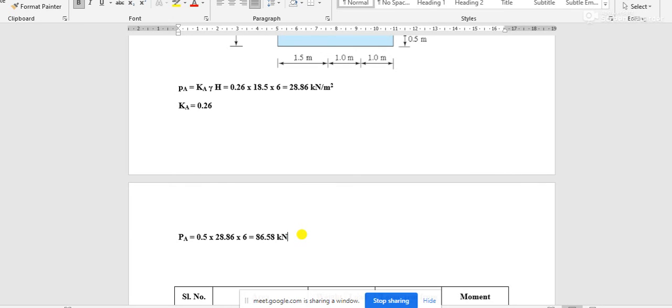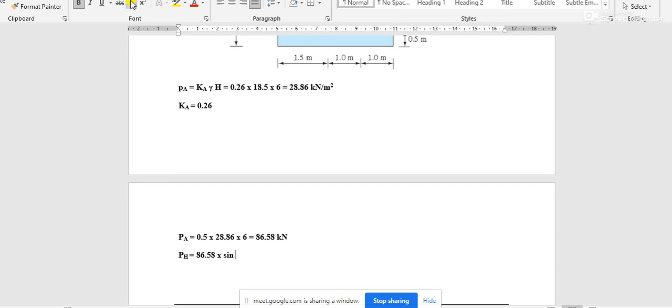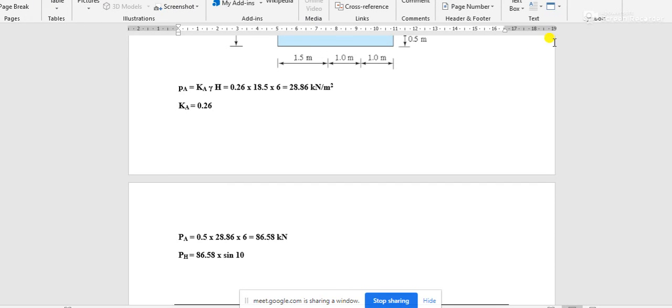That means the horizontal component, that may be denoted as PH, equals 86.58 into sine 10 degree, equals 15.03 kilonewton.